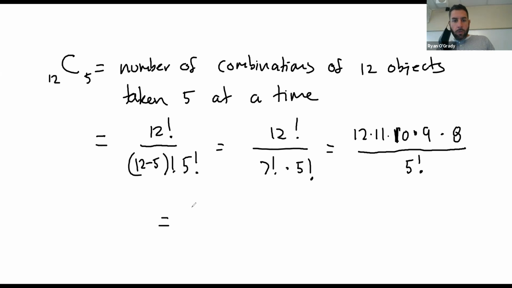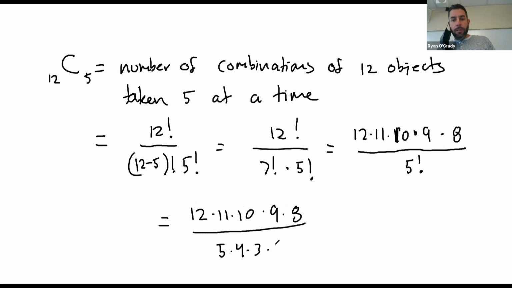Then this is 12 times 11 times 10 times 9 times 8 over 5 times 4 times 3 times 2. And then you could start thinking about how you'd like to simplify. For example, 4 and 3 is 12, so these cancel. 5 and 2 are 10, so that cancels.